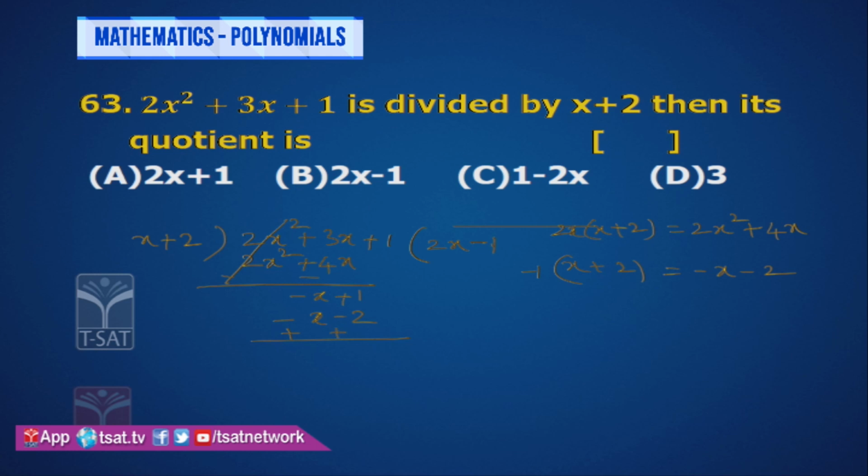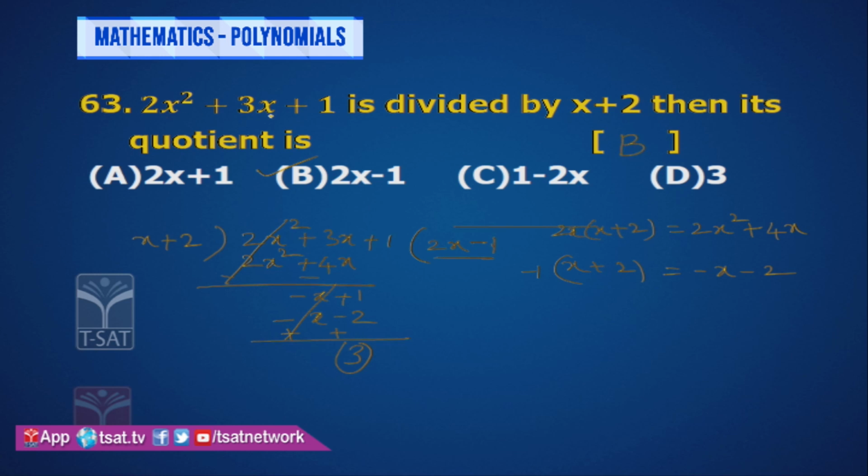When you subtract, you have to change the symbol, no? So minus x and plus x get cancelled, and the remainder is 3. But what did they ask in the question? It's the quotient. What do we have to find out? The quotient. That means the quotient is 2x minus 1. Option B is the correct one.